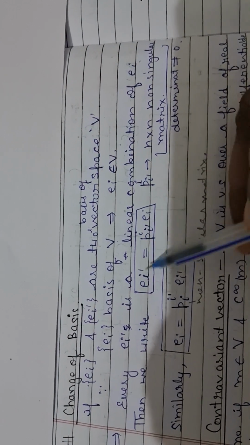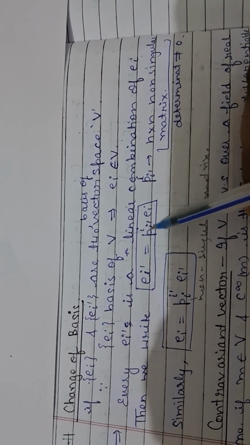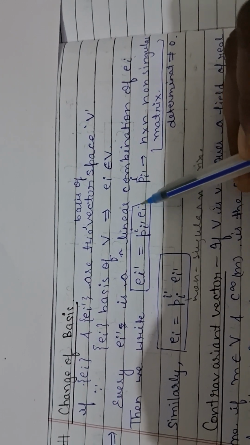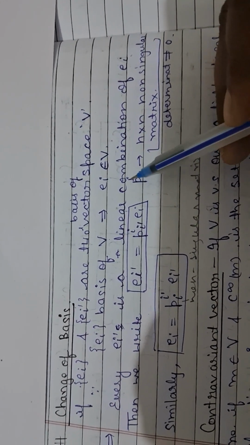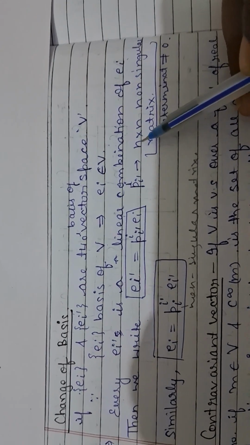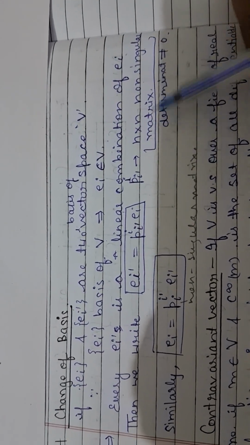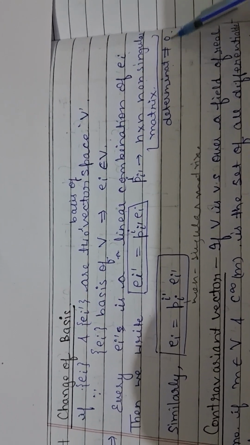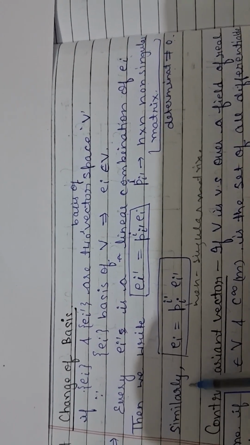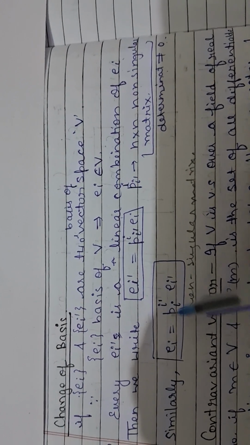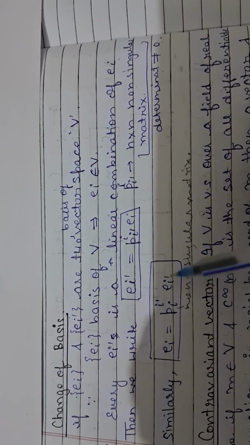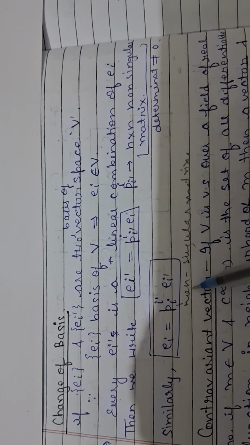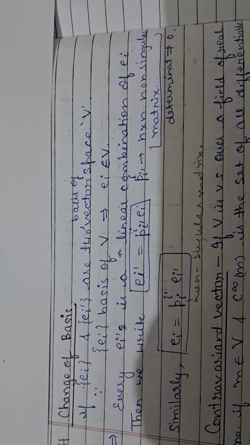Then we write Ei dash is equal to P i dash i Ei, where P is an n cross n non-singular matrix, that is its determinant is not equal to 0. Similarly, Ei is equal to Q i i dash Ei dash, where Q is a non-singular matrix.